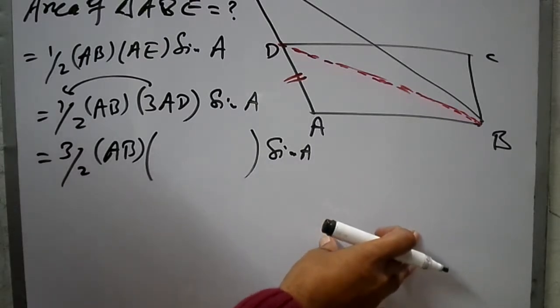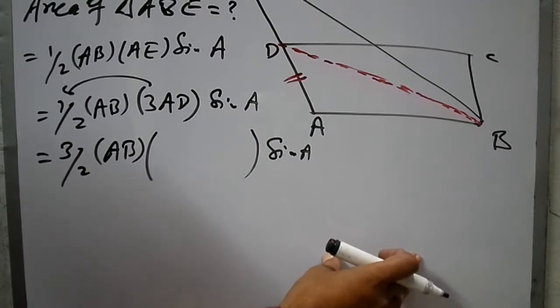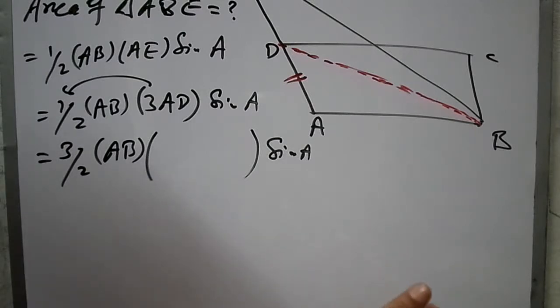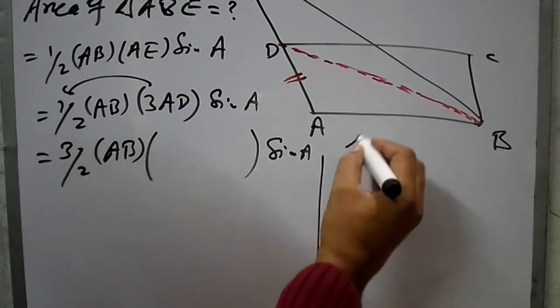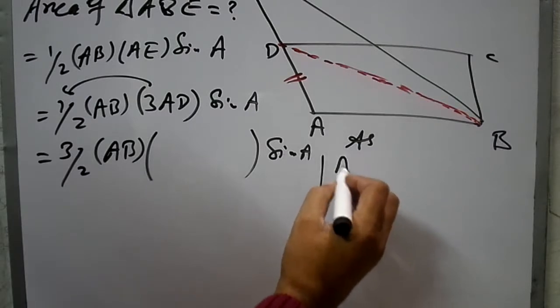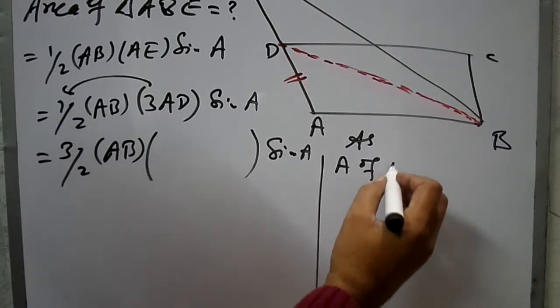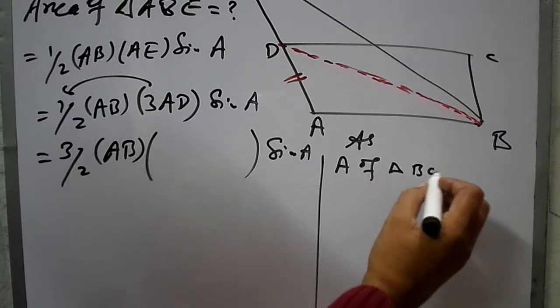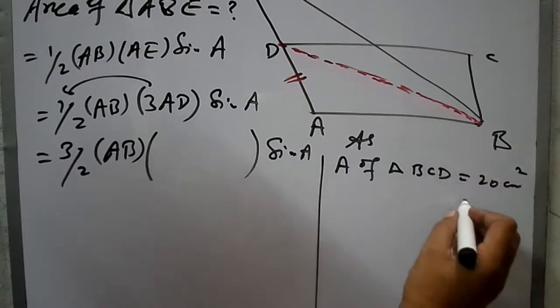For example, the area of triangle BCD is given to us, that is 20 centimeters square.